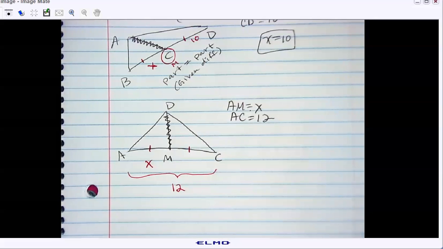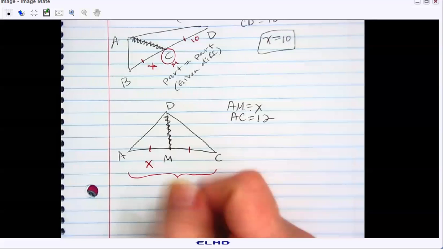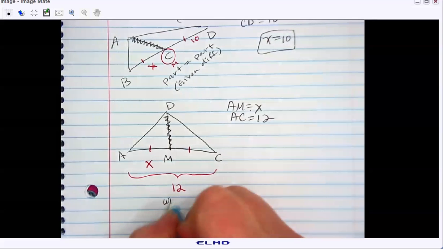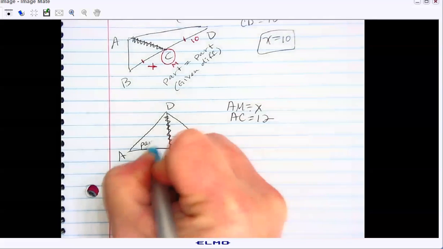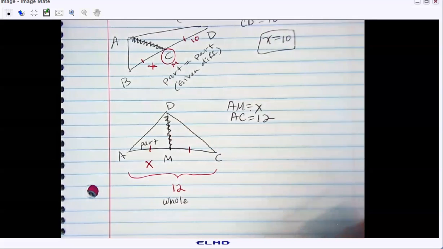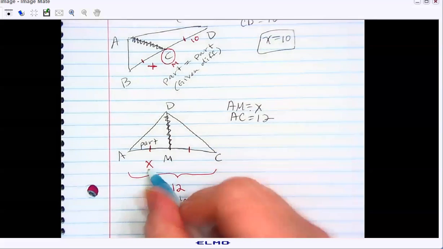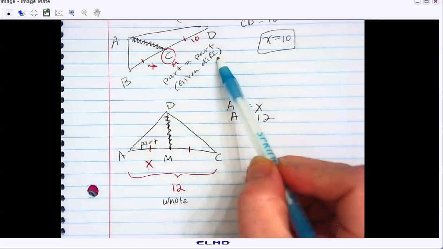Yes. Okay, but we were given the whole side, so the whole is 12, and I'm given a part. Okay. So there's the difference. I'm given a whole and a part rather than a part and a part.